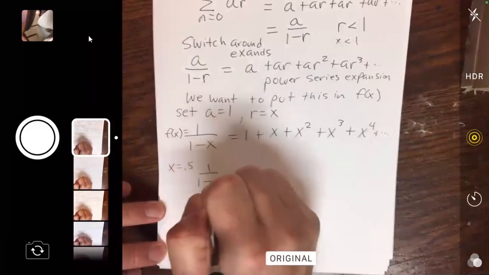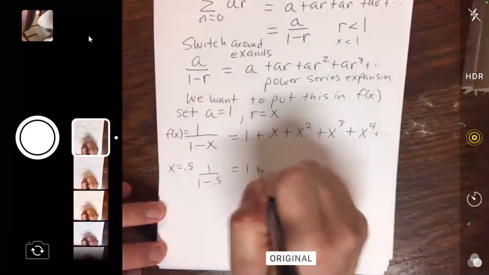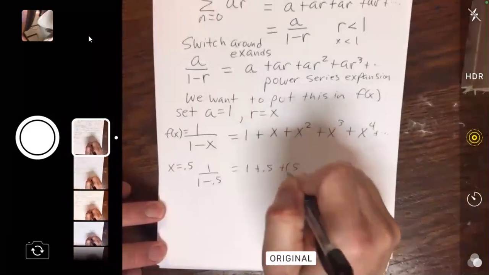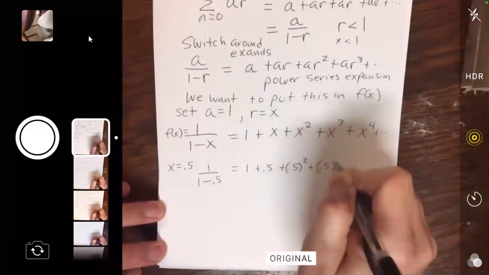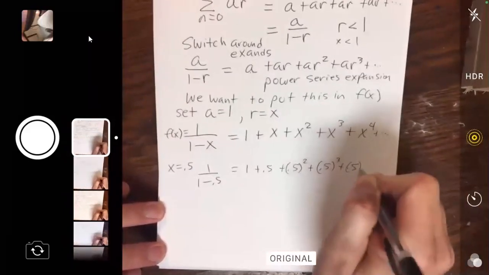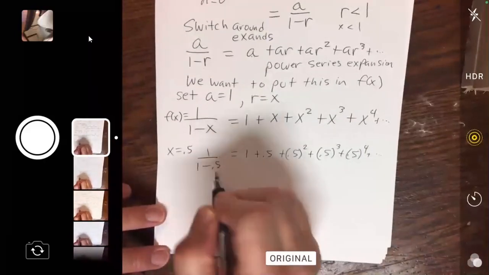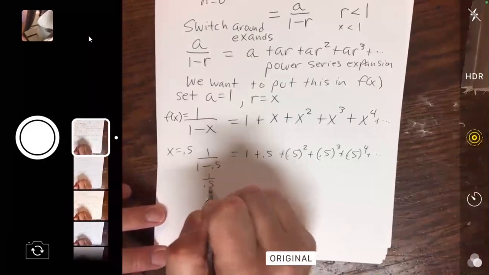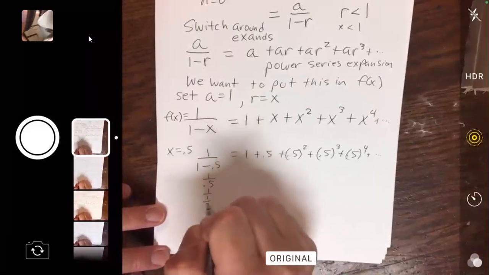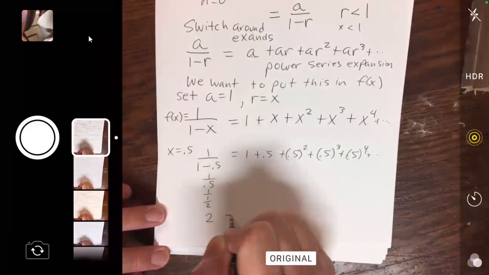1 over 1 minus 0.5 is then 1 plus 0.5 plus 0.5 squared plus 0.5 cubed. I'll just carry out to a fourth power. You can work this side out in your head. 1 minus 0.5 is 0.5. 1 over 0.5, that's 1 over 1/2. That'll flip around to 2.